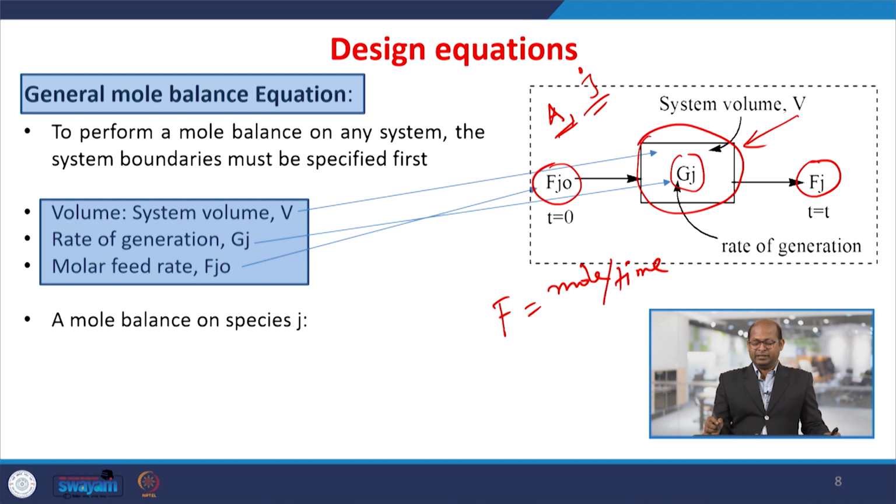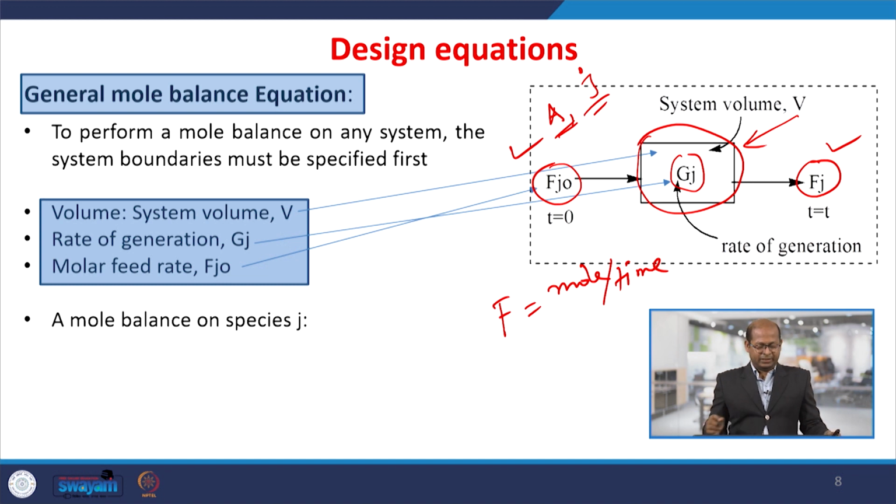So, this is the inlet, this is the outlet, and inside this specified volume or system volume the reactions take place, meaning the rate of generation or disappearance of that component.